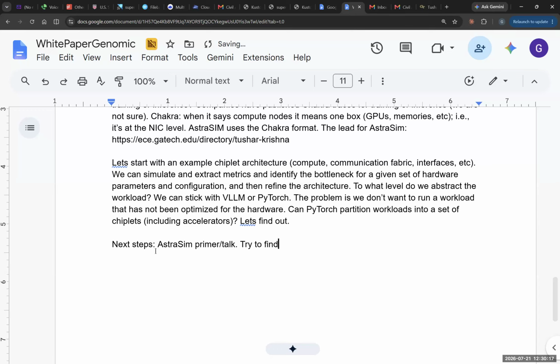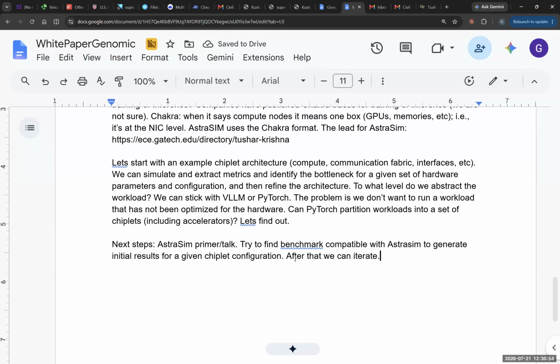The other is try to find a benchmark, which could be the genome, I guess, but anyway, compatible with AstraSim to generate initial results for a given chiplet configuration. Is that a fair summary, more or less?